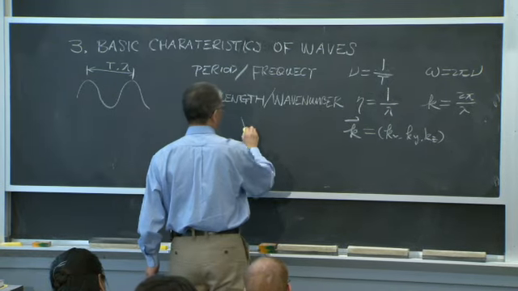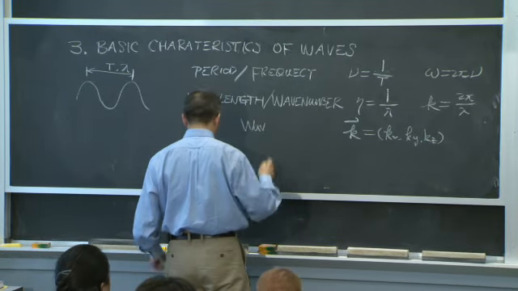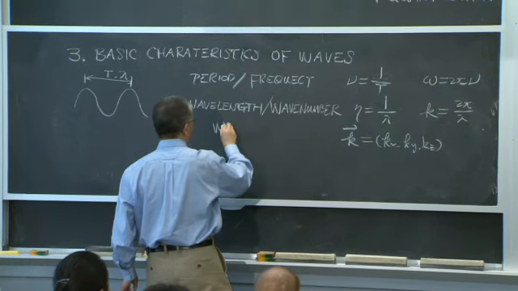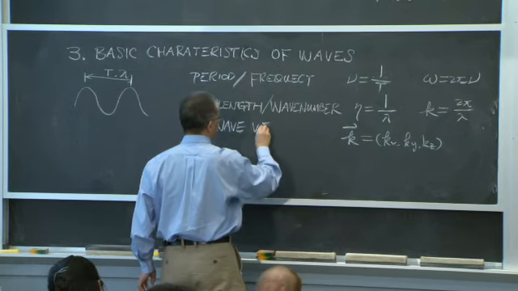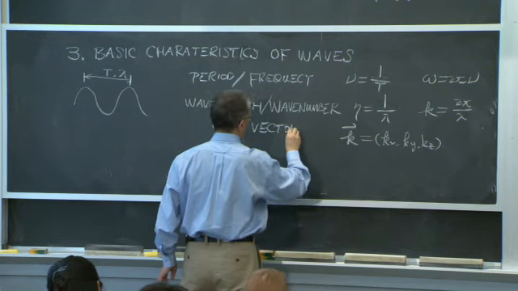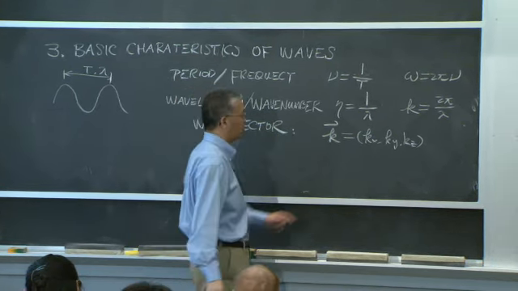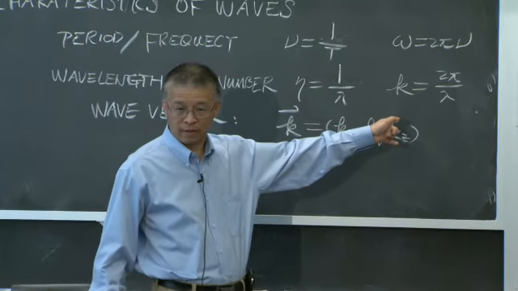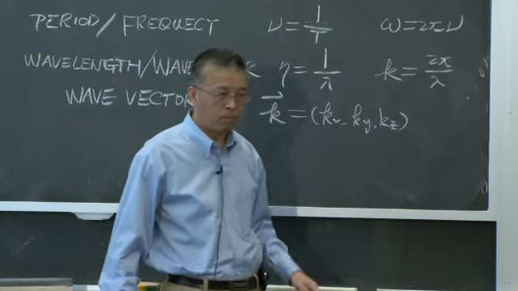I want to be consistent in using capital. So this k is the magnitude of the wave vector, right?